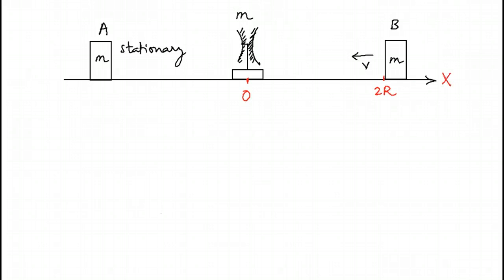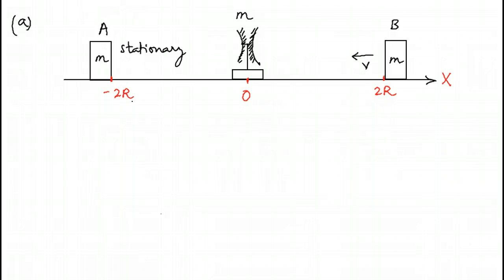Likewise, the distance between the stationary mass m and the mirror system is also 2r, but it's on the negative side of the origin, so this point has a coordinate of minus 2r. I think that now we are in a position to start part A.